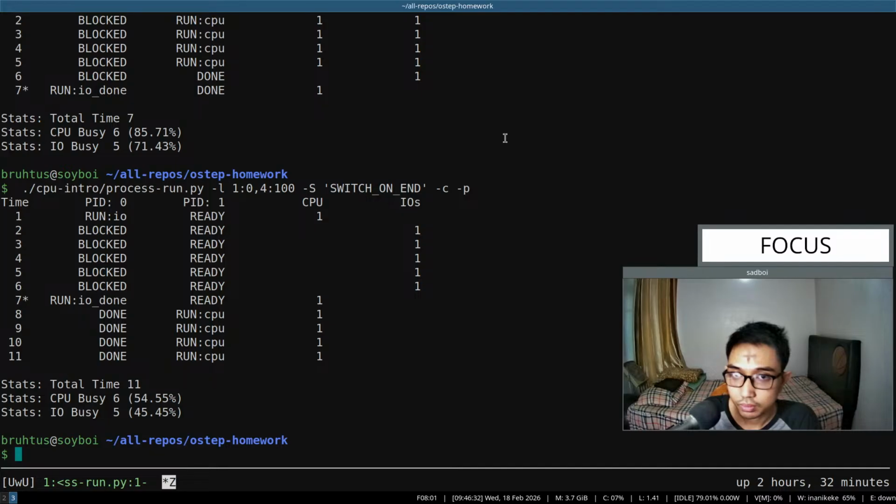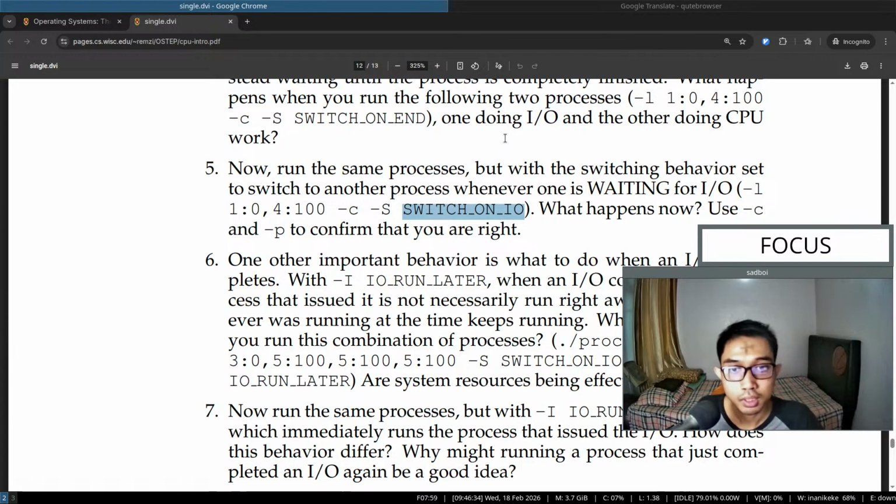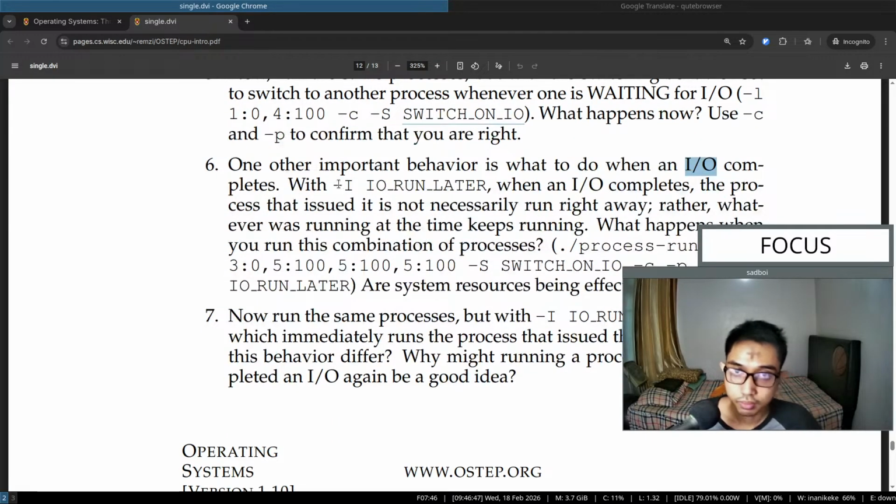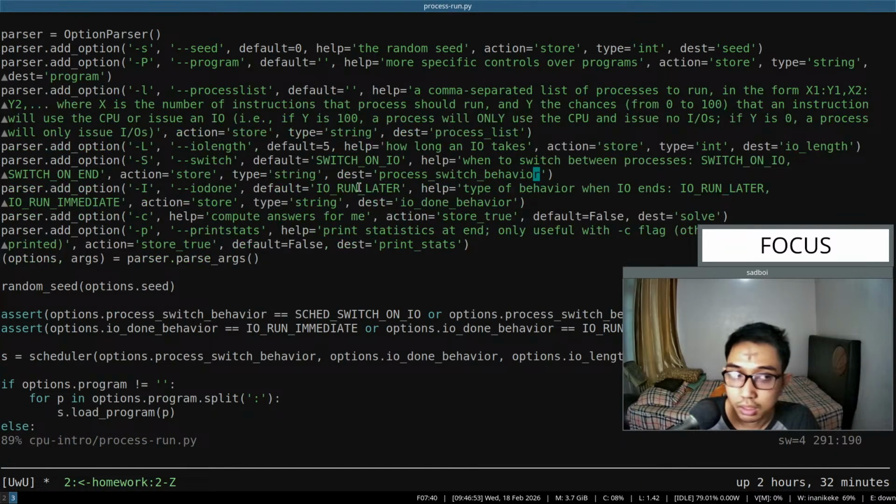Okay. Another important behavior is what to do when an input-output completes. It is right? This one, input-output done behavior.